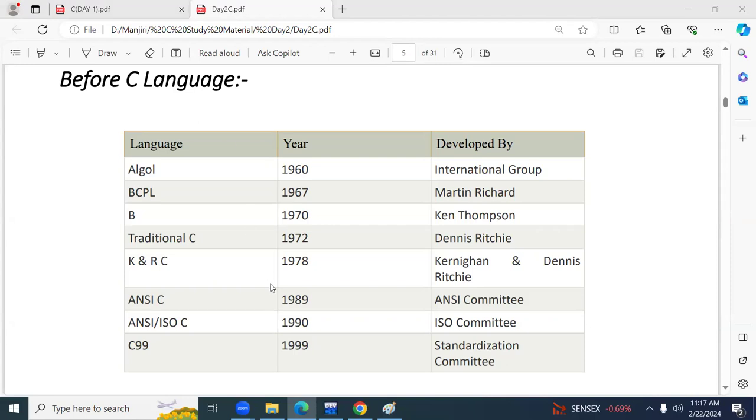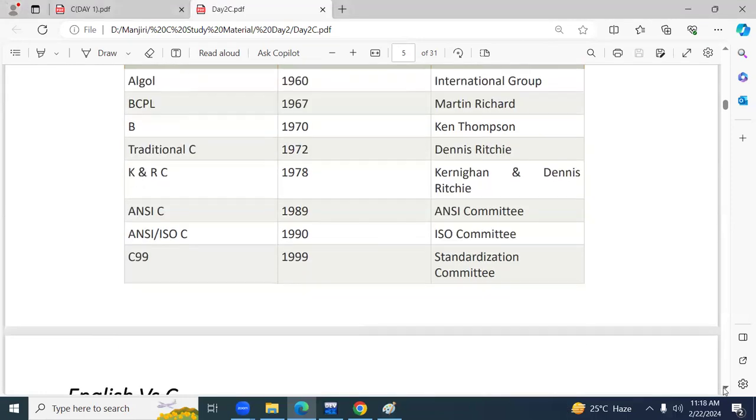Is it okay to all of you? So currently, as per my knowledge, there is C99, but in CPP there is C18. Okay, CPP 18 is going on, and in your syllabus, after you join the DAC, at that time C11, that is the CPP 11 version, is going to be used. Okay. So this is all about the history of C programming.